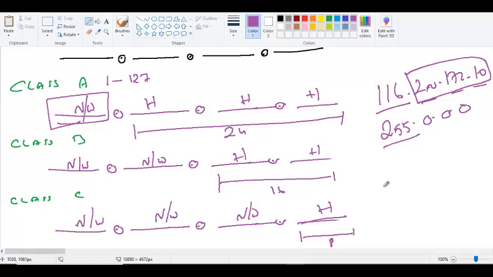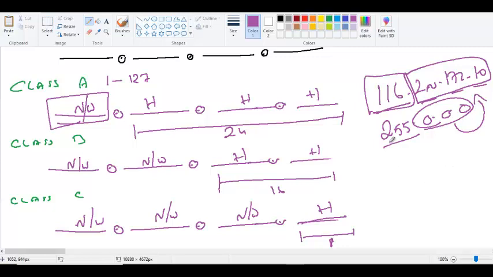If you turn on all the 8 bits and convert it into decimal, you'll get 255. So this means that this portion is the network, and all the remaining portion is host. We call this the subnet mask.